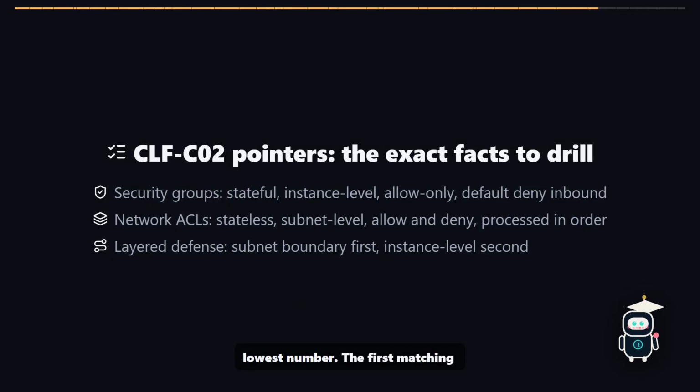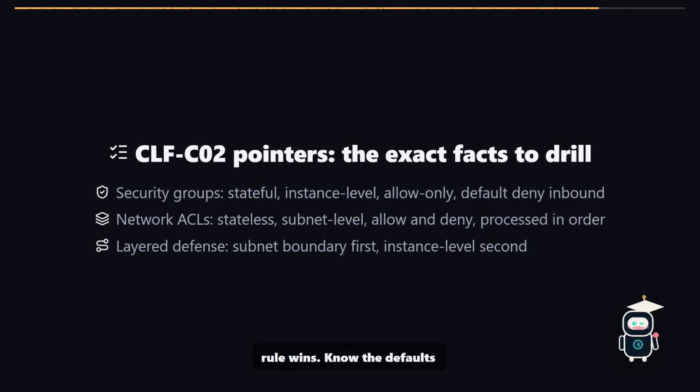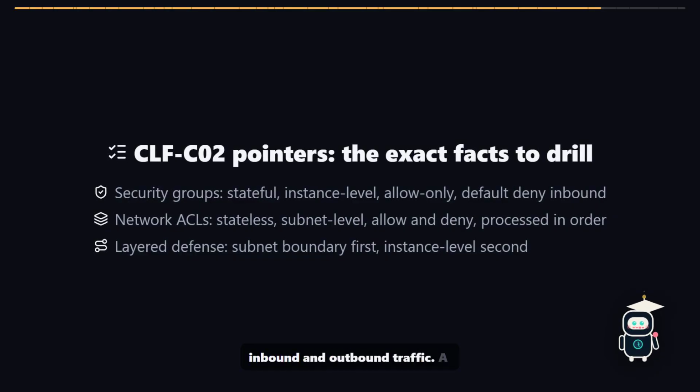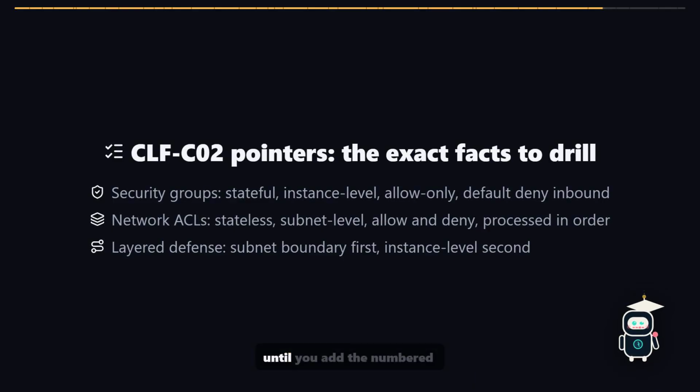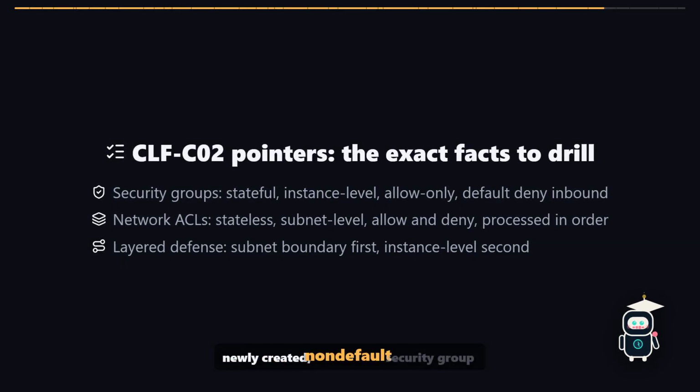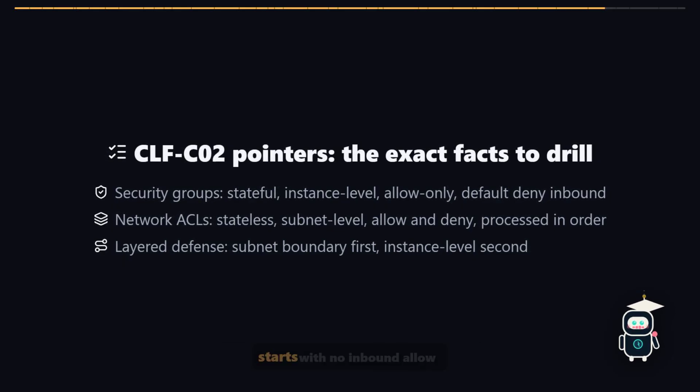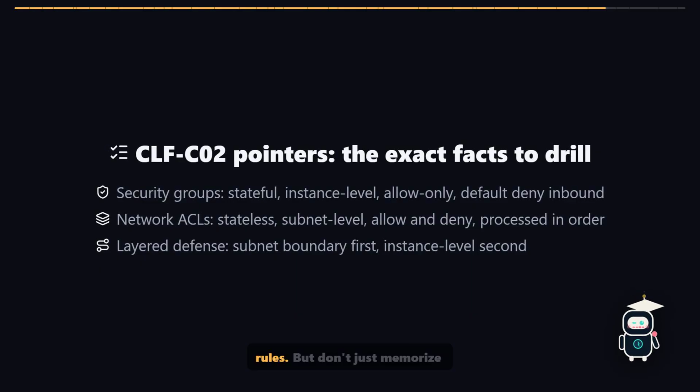The first matching rule wins. Know the defaults too. The default Network ACL created with a VPC allows inbound and outbound traffic. A custom Network ACL starts restrictive until you add the numbered rules you need. And a newly created non-default security group starts with no inbound allow rules.